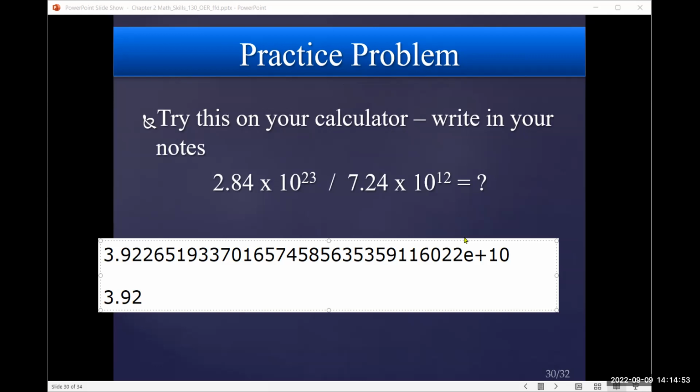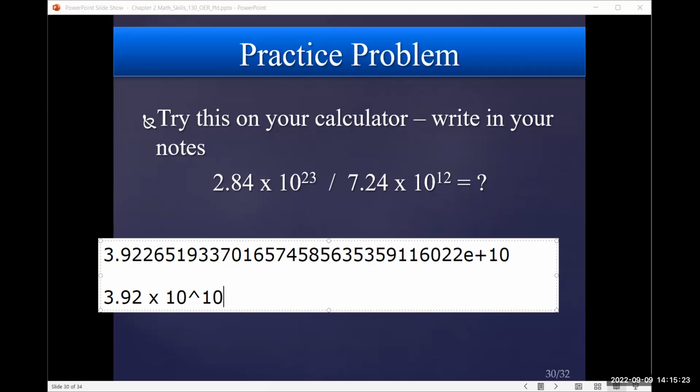Yes, you're correct. That's where we truncate. So we put the times symbol, then the 10 factor, then the caret and the exponent, which will be 10. So the answer is 3.92 times 10 to the 10th power.